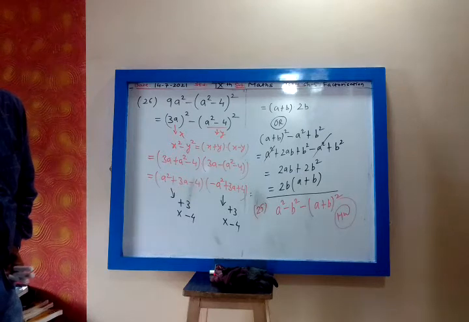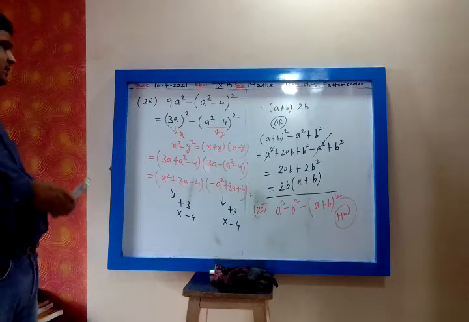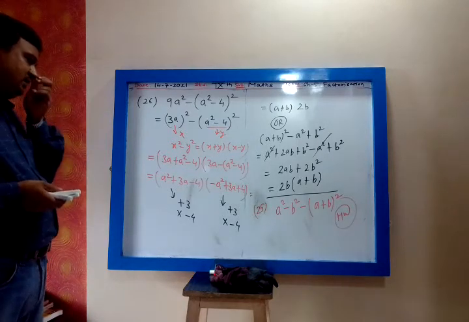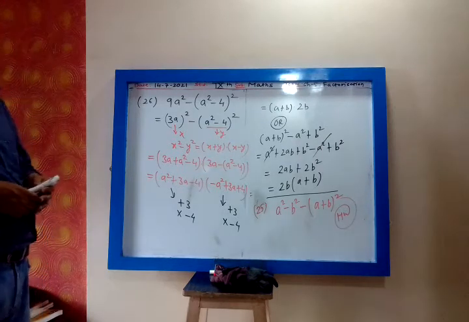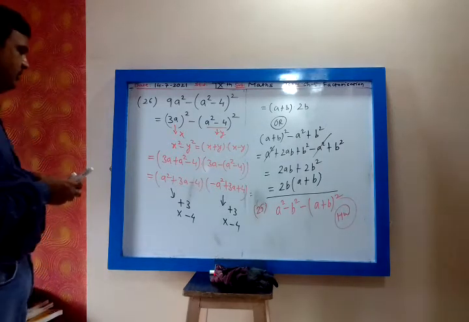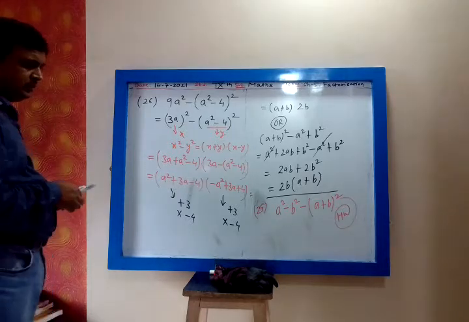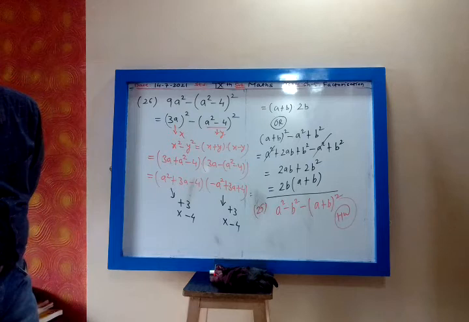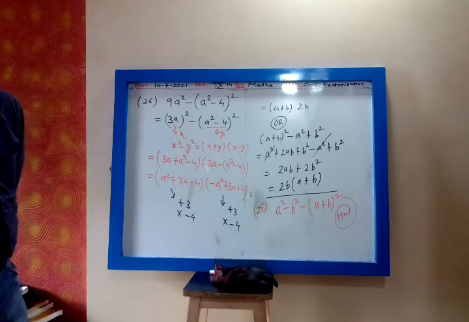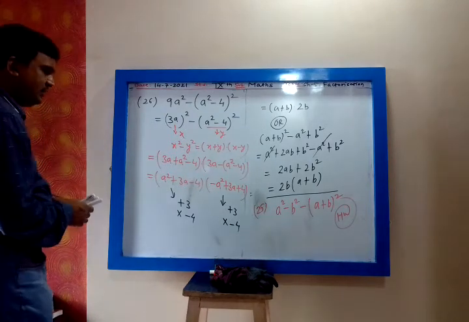So find two numbers whose sum is 3, multiplication is minus 4: 4 and minus 1.